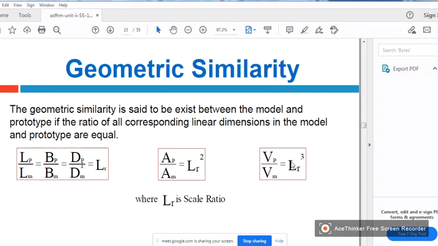Otherwise, if you take one side and pull, then the picture will have different dimensions. Got my point? Similarly here also, the length ratio, breadth ratio, and depth ratio should be equal. Then only we call it geometric similarity. Otherwise, this area ratio or everything, the volume, right?